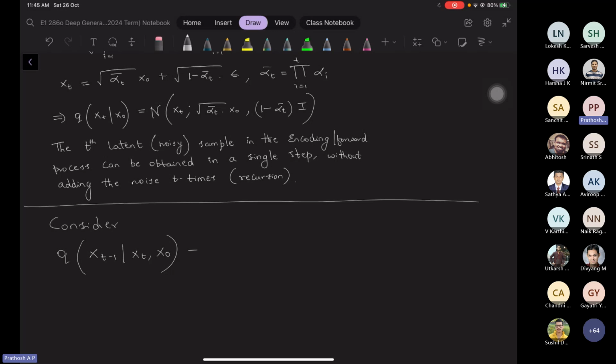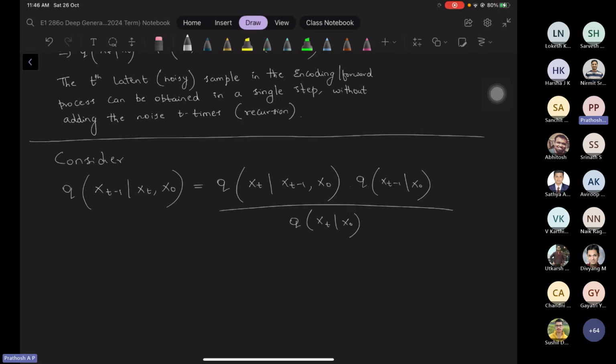So this is equal to, this is by Bayes' law, okay?